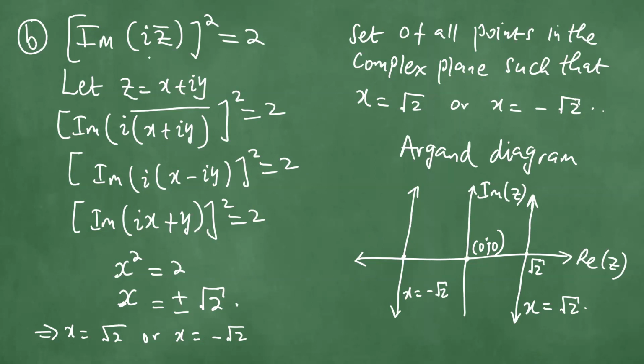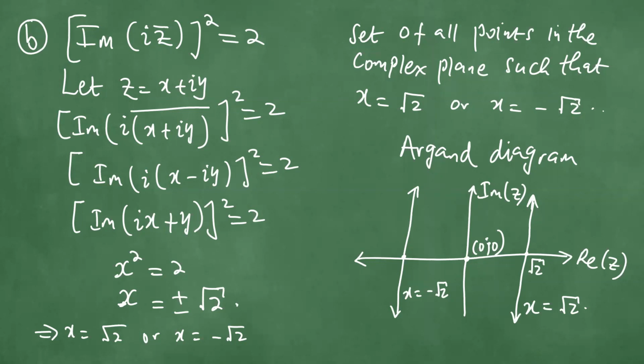So this equation describes 2 vertical lines through minus the square root of 2 or plus the square root of 2. Okay, and we proceed now to consider the next question.